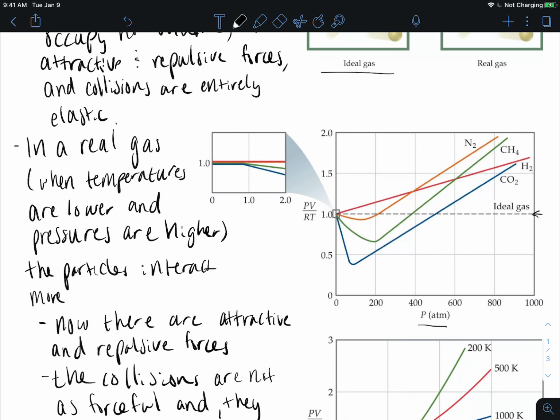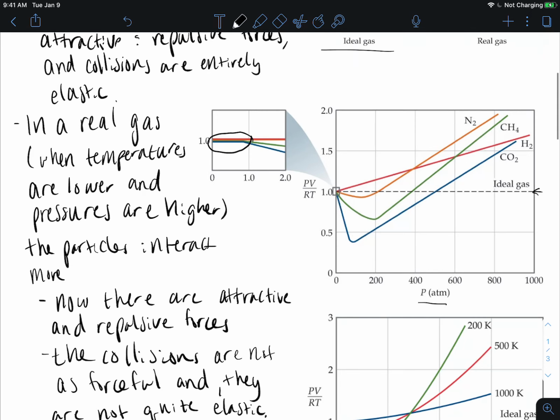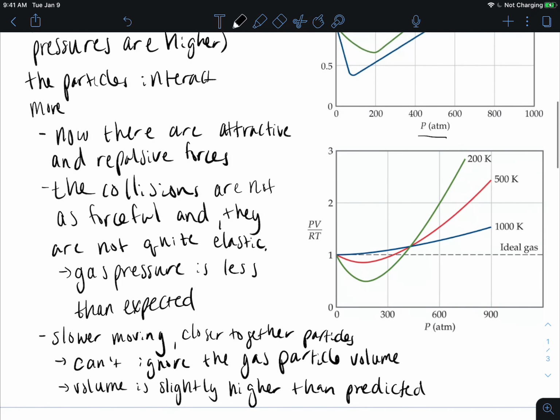The variation shows, as we increase pressure, how much a gas is going to vary from ideal behavior. We see that at less than 1 atmosphere, our gas is going to behave ideally. But as soon as you get away from 1 atmosphere, you're going to vary, sometimes wildly, from that ideal behavior. We can also see that when we look at pressure and temperature versus ideal behavior.